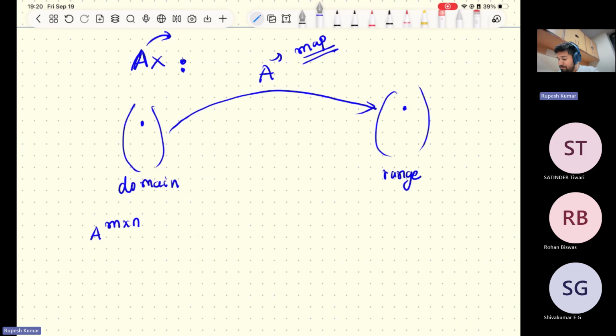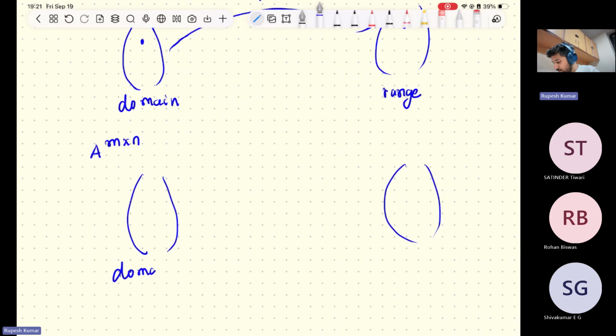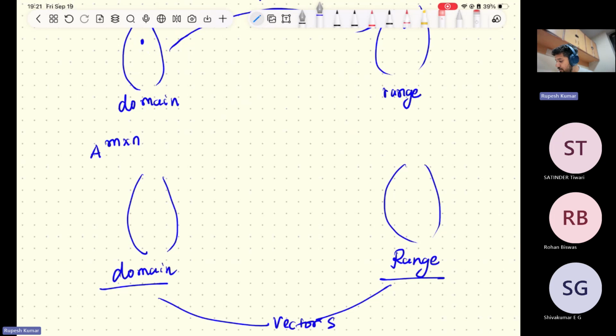Now, when I talk about a matrix of dimension m cross n and talk about the matrix product over a vector space, again you define a domain and you define a range, right? And now let's restrict these two sets to vector spaces. Now what are these? These are vector spaces, so sets of vectors.